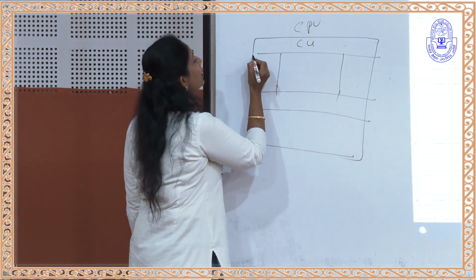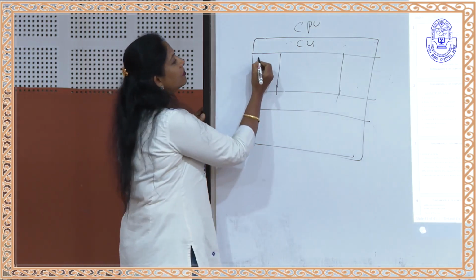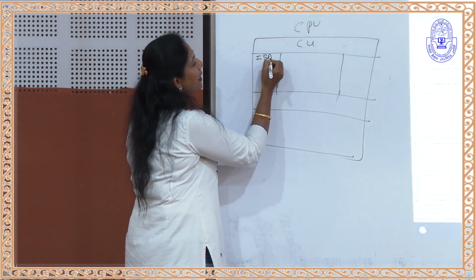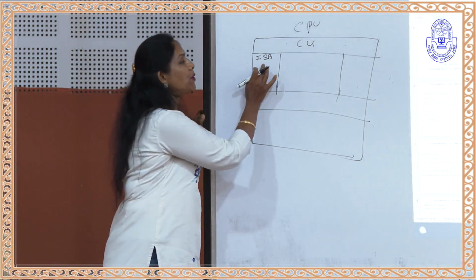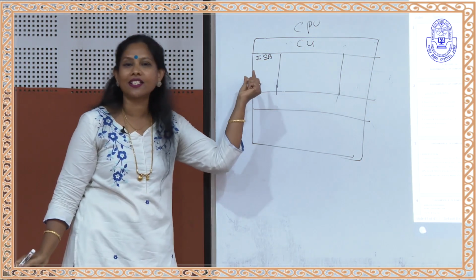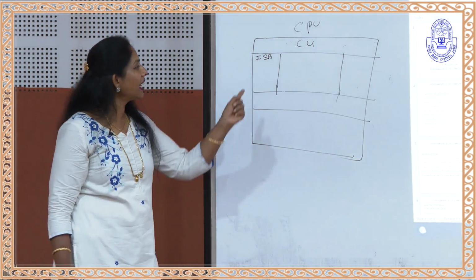Here, this is the control unit. Can anybody tell me what this is? ISA. ISA means input storage area. Because the space is less, I am not expanding. You can draw this figure and write down ISA.